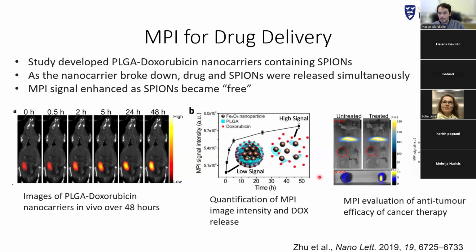I'll go into what causes the particle signal to generate, but because they escaped, the signal was in line with the amount of drug delivered. So they were able to monitor when and how much drug was delivered specifically at the tumor site. This is a really interesting study from a composite perspective, and the research that I do is very much focused on forming composite organic-inorganic materials, so I really like this paper.